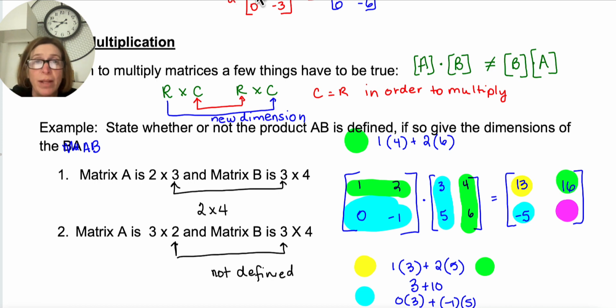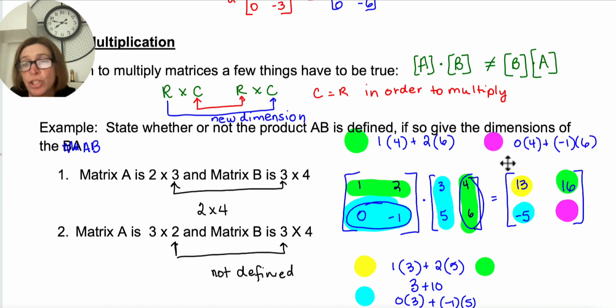And then the last one is going to be the purple. That's going to be here times here, so 0 times 4 plus -1 times 6, which is 0 minus 6, so -6.